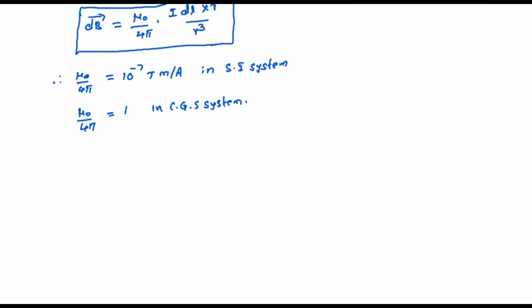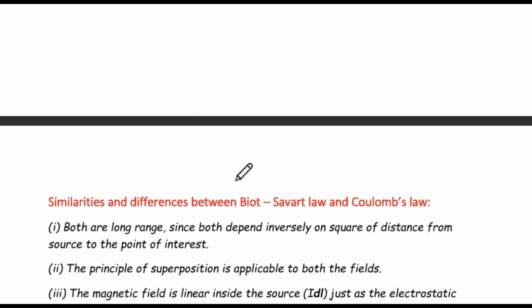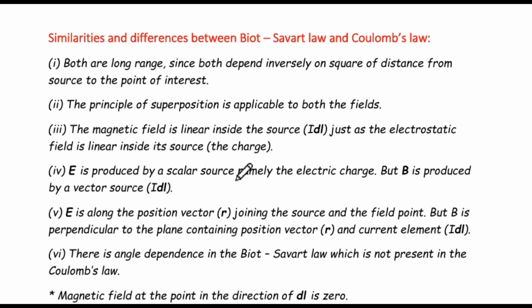Now we will see a few points based on this: the similarities and the differences between Biot-Savart's law and Coulomb's law. Both are long range. In Biot-Savart's law, we are finding the value of dB. In Coulomb's law, we are finding the force or electric field.